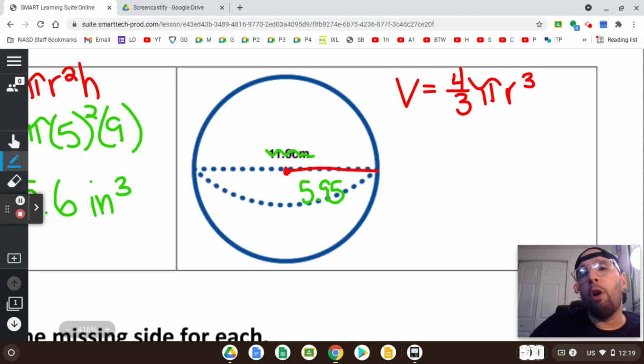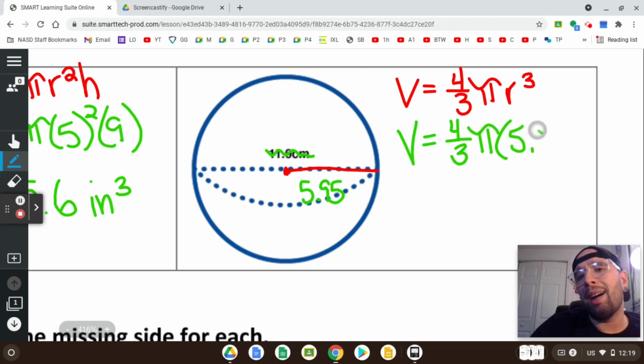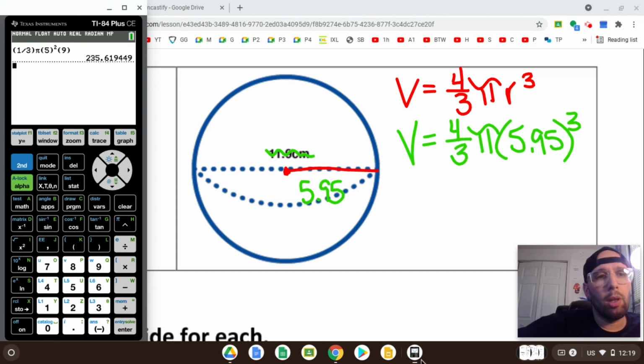Okay? Volume equals 4/3 pi 5.95 cubed. All right, let's bring back our old calculator. I'm going to do parentheses 4 divided by 3, close parentheses, times pi, parentheses 5.95.